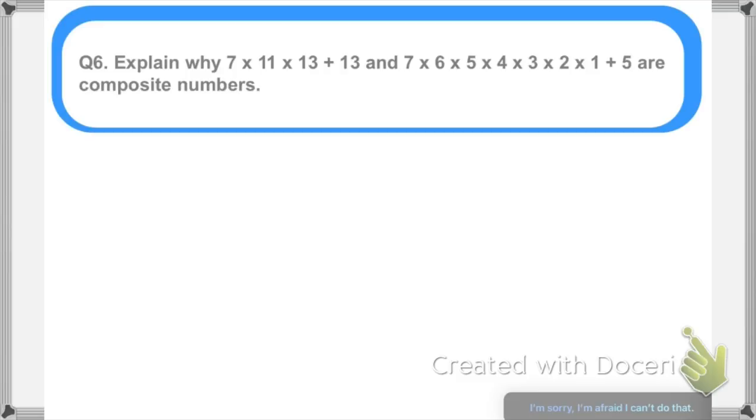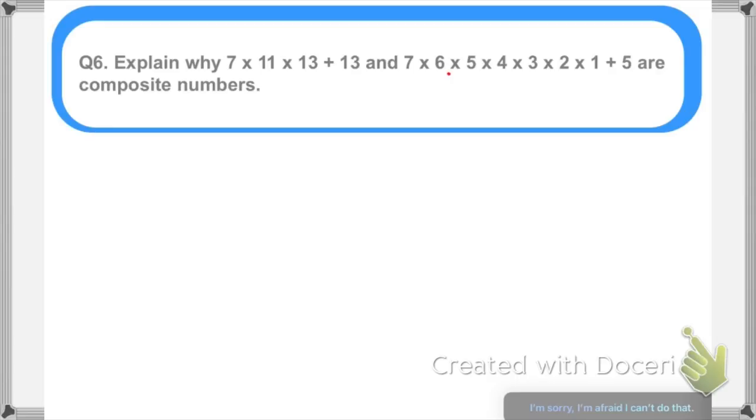Now in our next question we have been given: explain why 7 into 11 into 13 plus 13 and one more expression, that is 7 into 6 into 5 into 4 into 3 into 2 into 1 plus 5 are composite numbers. We have to find it out.